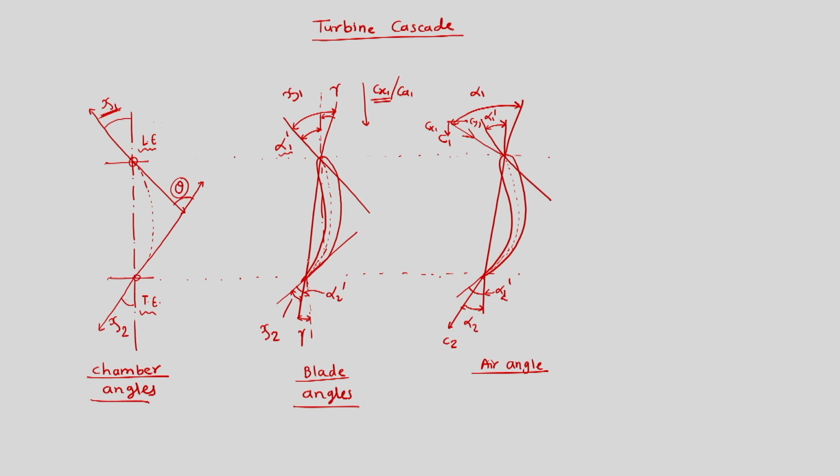Same way here the chord line is inclined. This chord line over here is perfectly aligned with the axial direction. Here the chord line is not perfectly aligned with the axial direction. So we have chi 1 made between the straight line joining leading edge and trailing edge and the tangent.